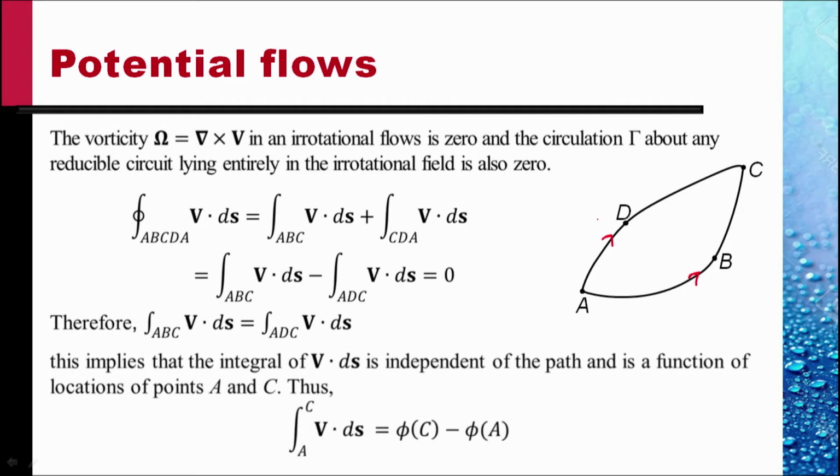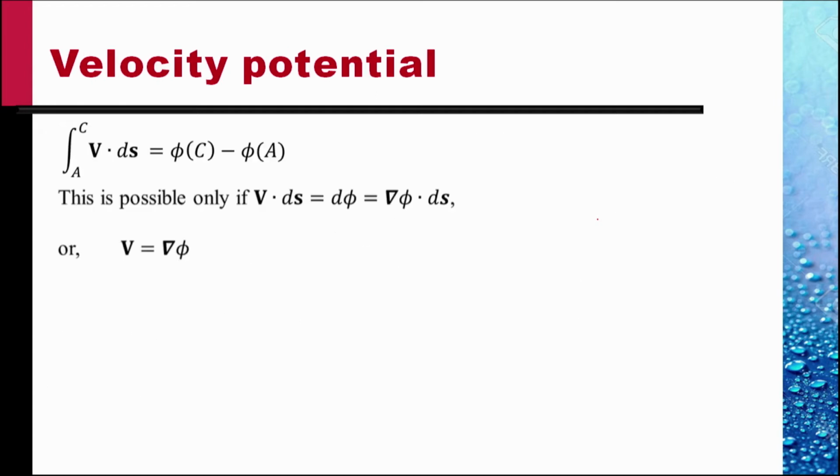Thus, it depends only on the location of the endpoints A and C, so that we can write the integral of v dot ds from A to C is equal to some function of C minus that function of A. This is possible only if v dot ds is d phi, that is del phi dot ds.